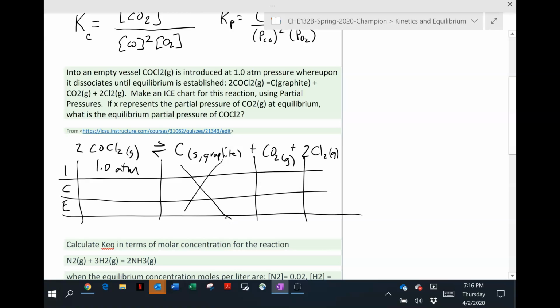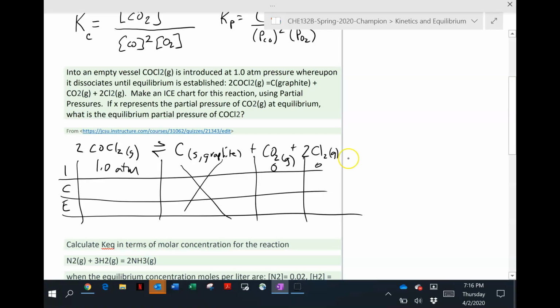It's not in the equilibrium expression at all because we only put gaseous and aqueous things there. And then CO2 and Cl2 are both 0 initially. They don't explicitly say that, but if they don't tell you anything, it's implied.